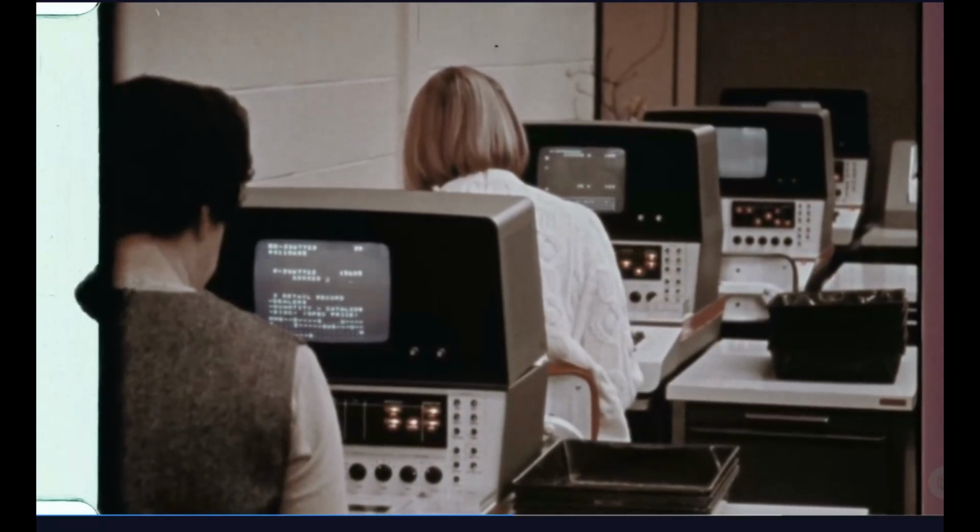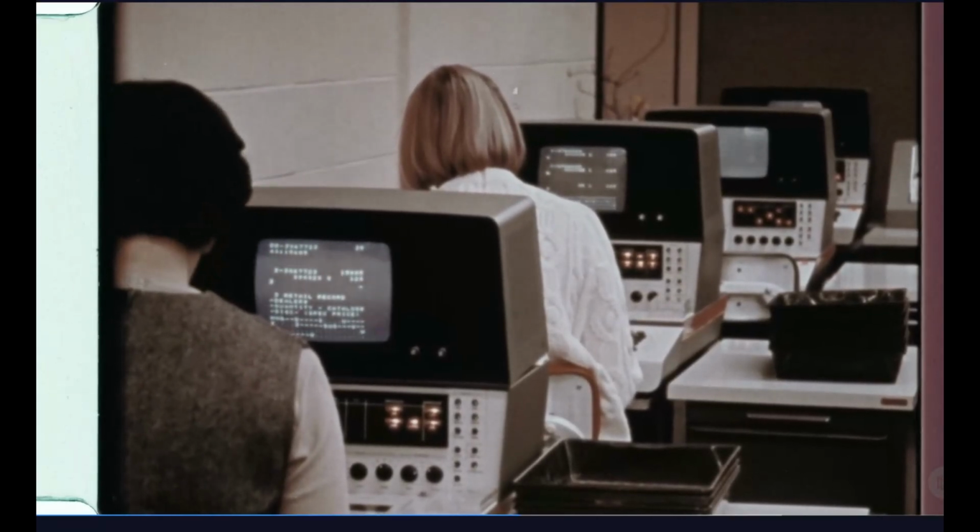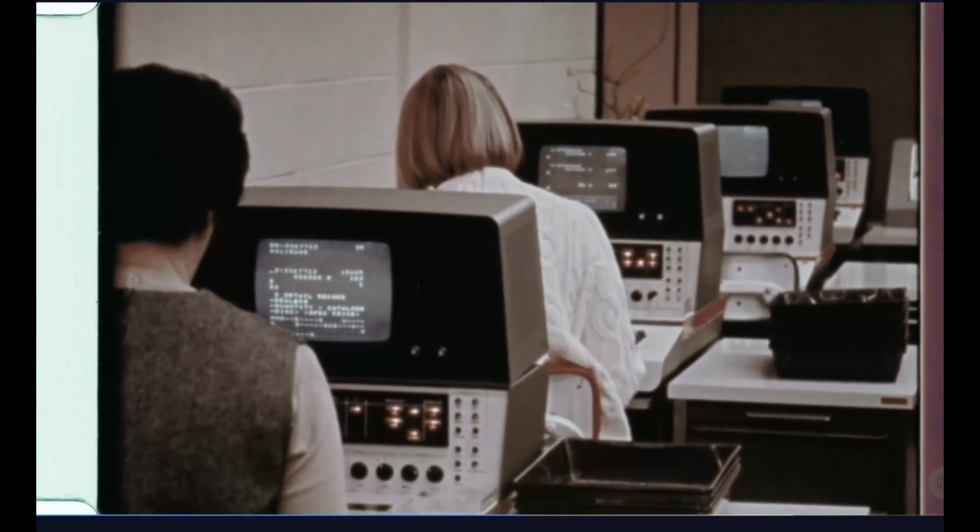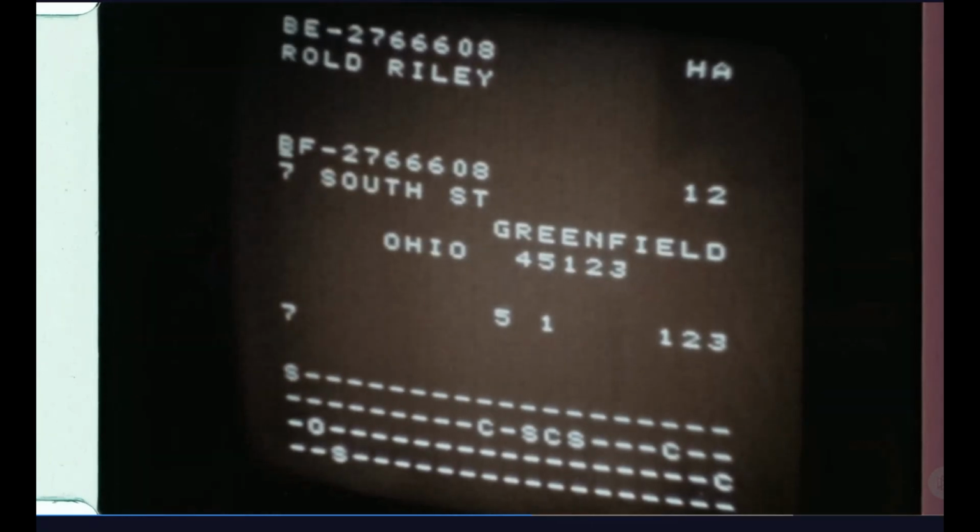Lower-cost terminals allowed programmers to finally move away from the punched card input and use a more familiar keyboard. It was amazing because now we had a terminal where we could see text, we could see the program, we could edit a file. So even in that short amount of time, it was elevated from punch cards to having what looks more modern today, a file and an editor, a text editor.